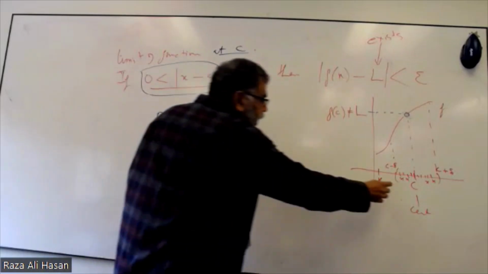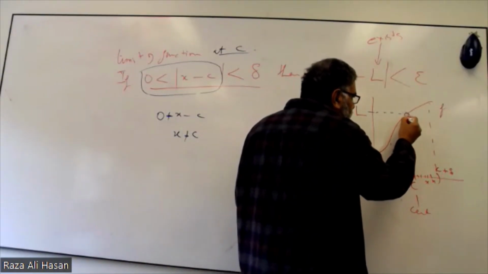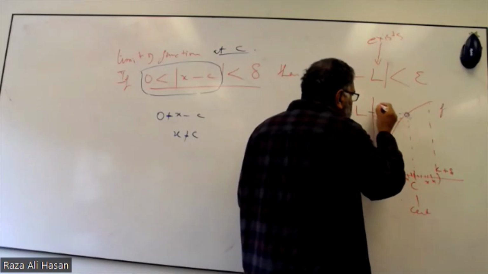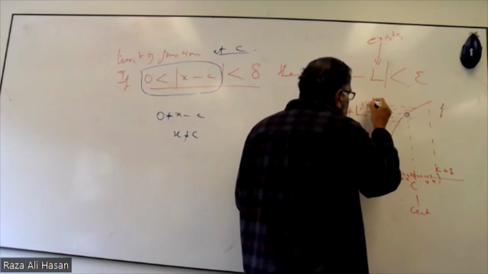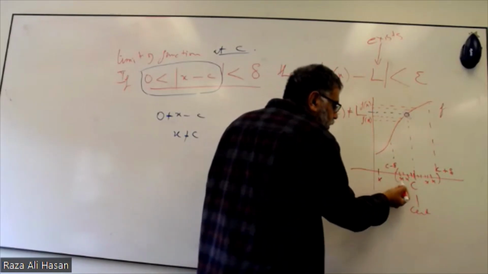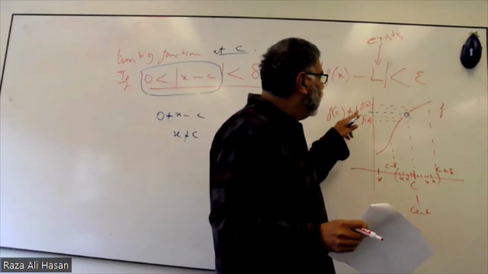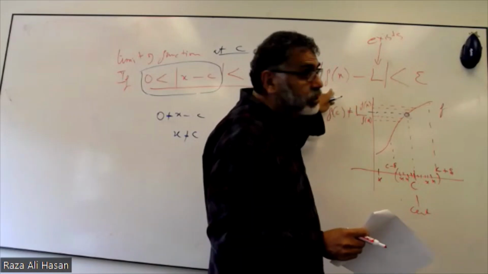If this is the case, then nearby all the points, all the function values are nearby. How do we say that these x values that are nearby C give us function values that are also nearby L? This is what this is saying.